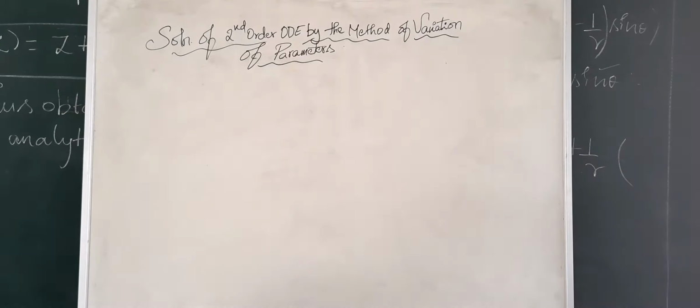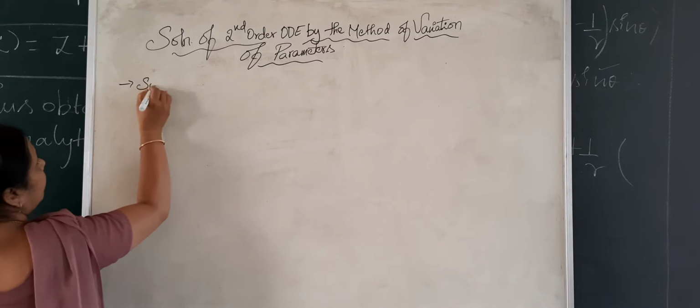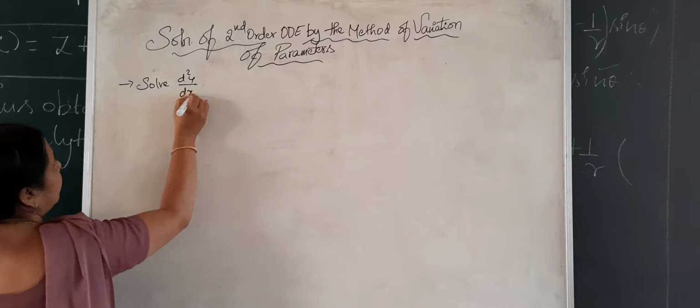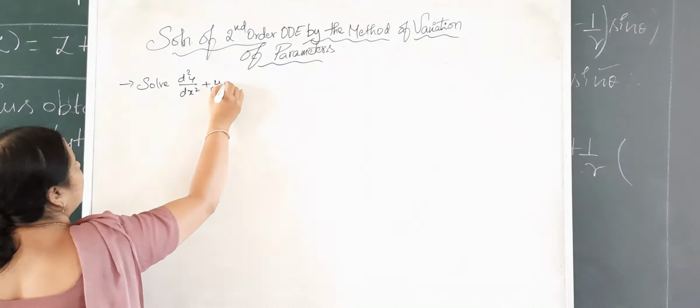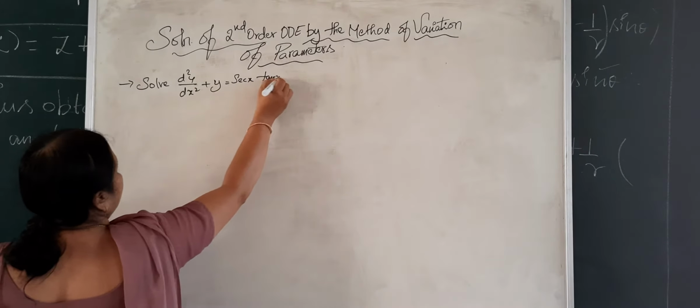Consider a question that says solve d square y by dx square plus y is equal to secant x tan x. It's a product of two functions.